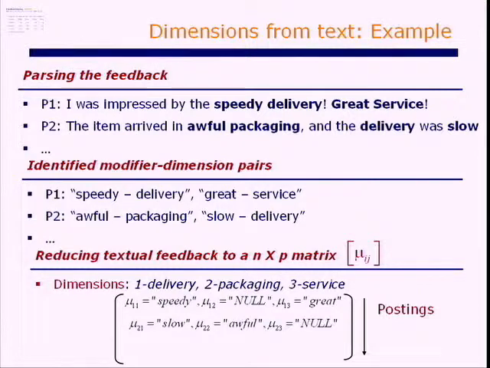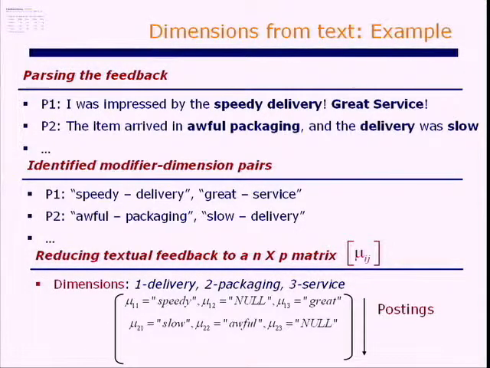So suppose the feedback was, I was impressed by the speedy delivery, great service. We'd end up with 2 dimensions, service and delivery, and 2 modifiers associated with those dimensions, speedy and great. And then we discover all these dimensions, and so there's one column of the matrix associated with each dimension.